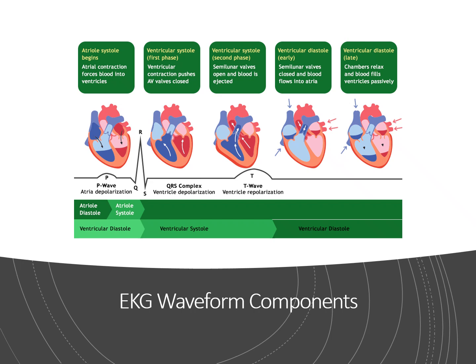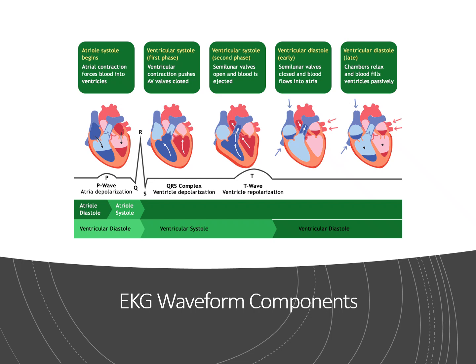Next, we're going to move on to ventricular diastole, in which our semilunar valves are going to close, and then the blood is going to flow back into the atria. And then lastly, ventricular diastole, which is our late phase, where the chambers are going to relax, and then blood is going to fill the ventricles passively.